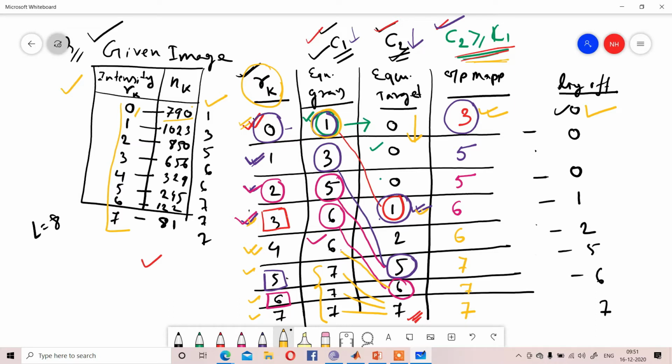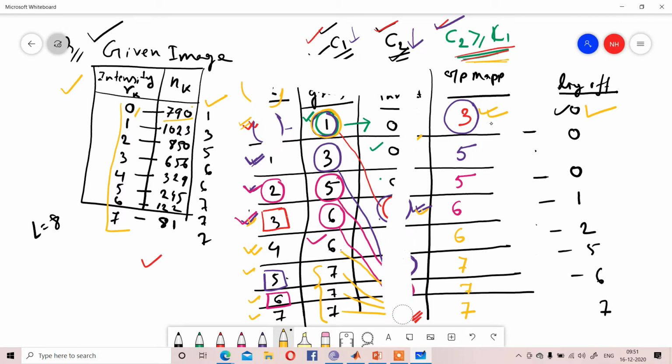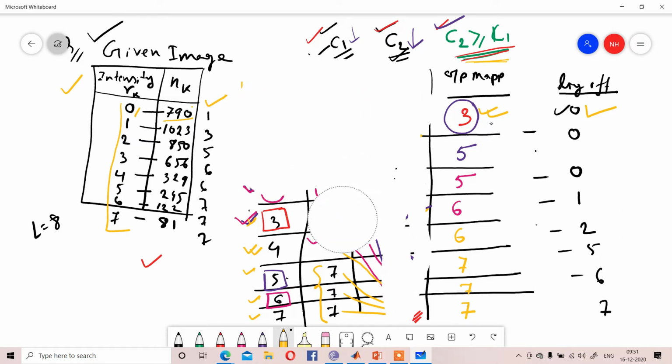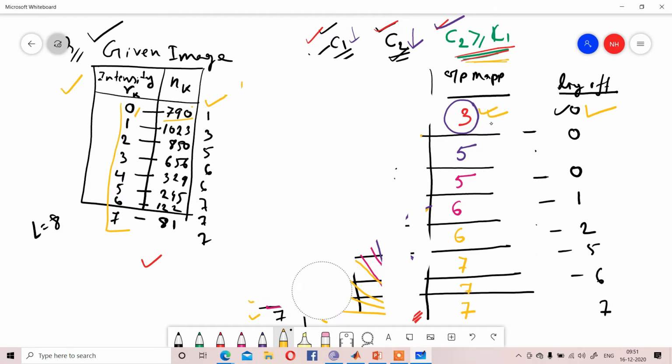To draw the histogram, you have got the mapping result 3, 5, 5, 6, 6, 7, 7, 7. So mapping will be like that.